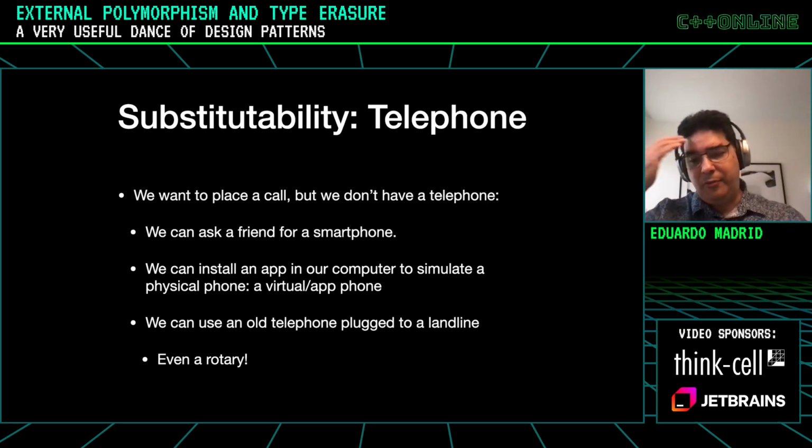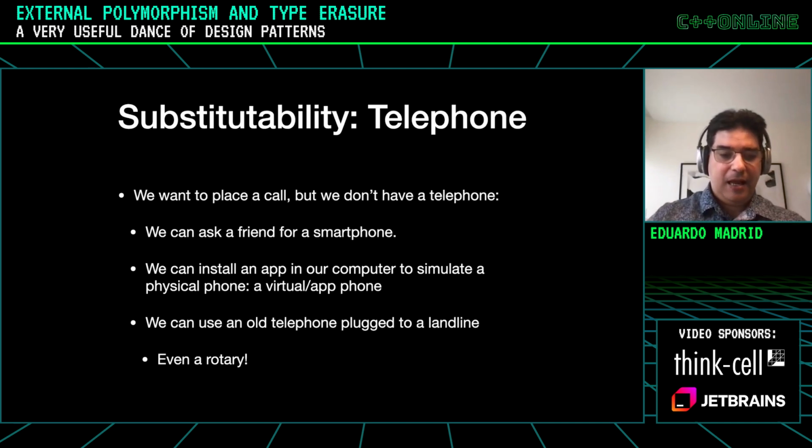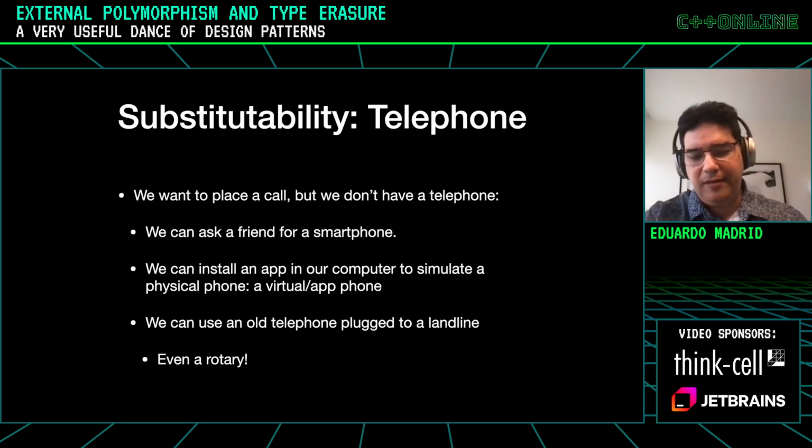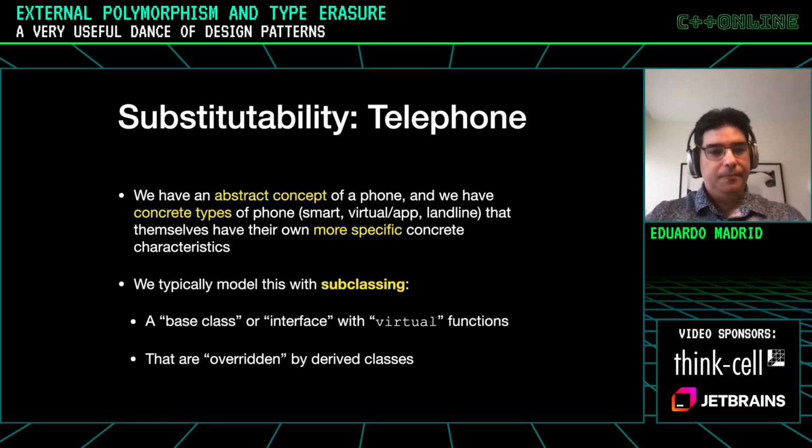In our mind, what we have is an idea that is more abstract, that has less details about something that is going to allow us to dial a number somehow and establish a connection with the person that we want to talk to. So these type of requirements that we see in the real world are typically modeled in computer software with the technique of subclassing.